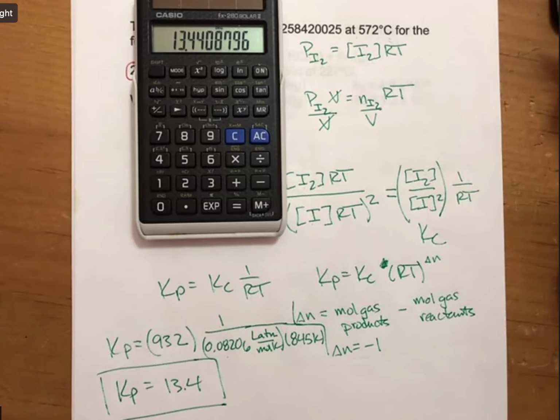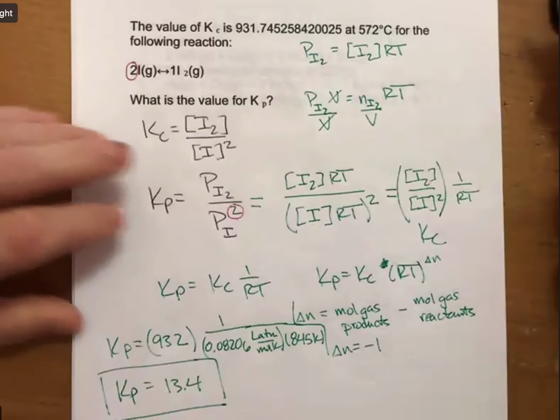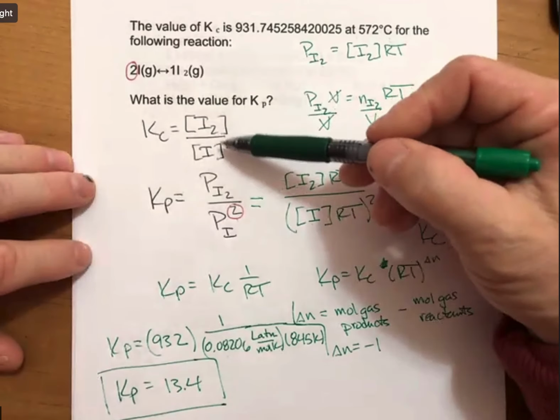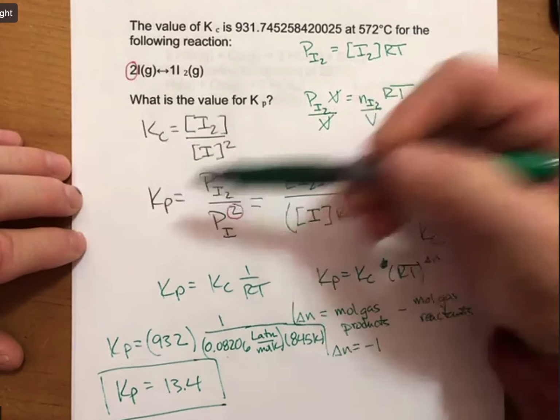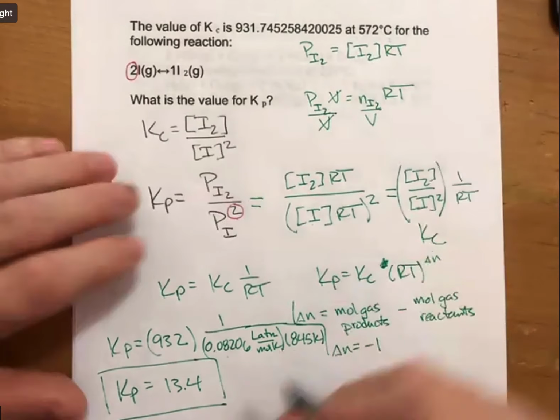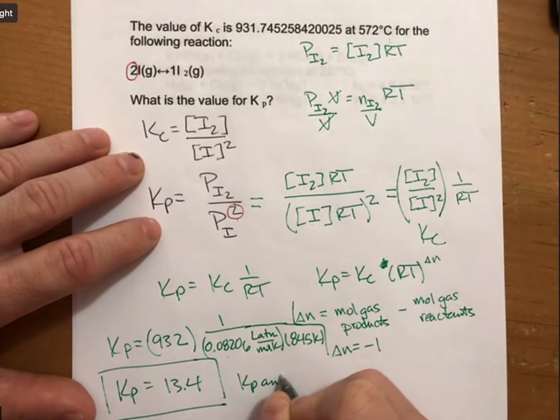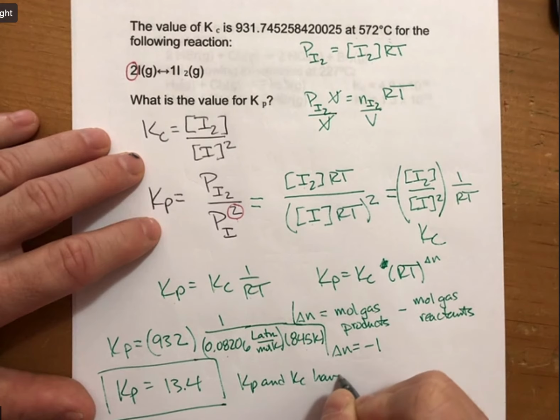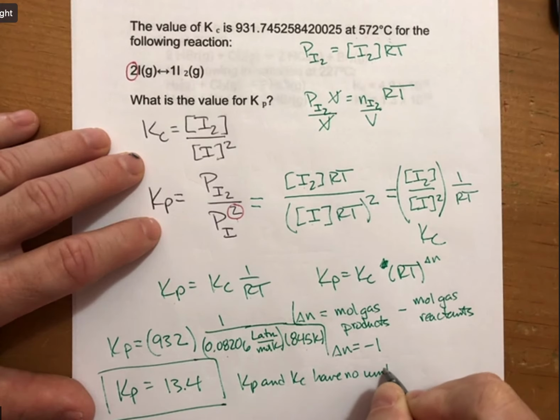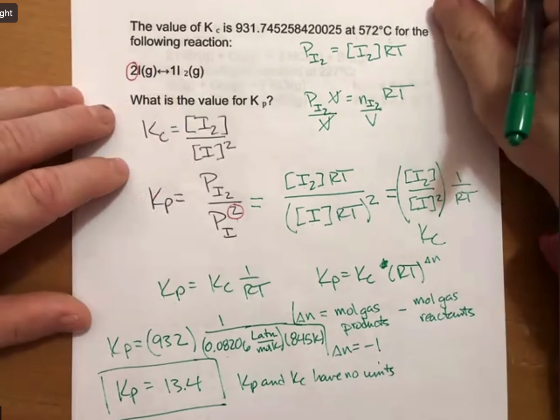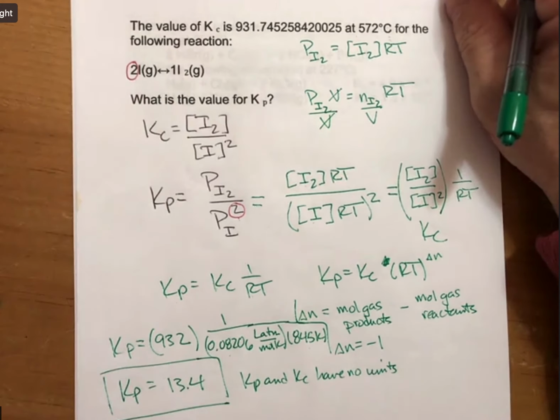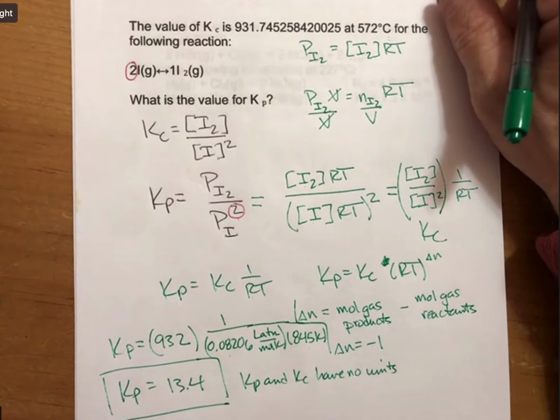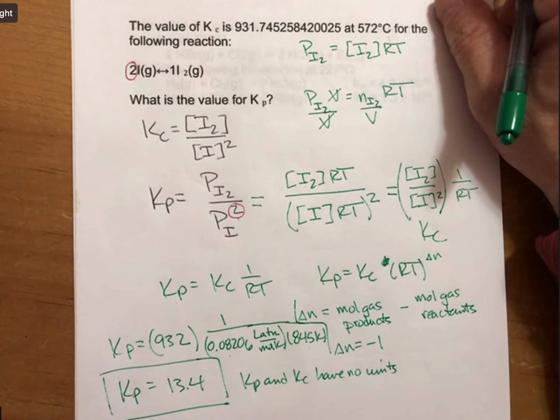Now, maybe this is a good time to talk about the fact that even though these are concentrations and these are partial pressures, my Kc and my Kp values have no units. I think I briefly touched on this in the lecture outline. First off, they have no units. Second off, that is frustrating to me because I love units. I heart units.